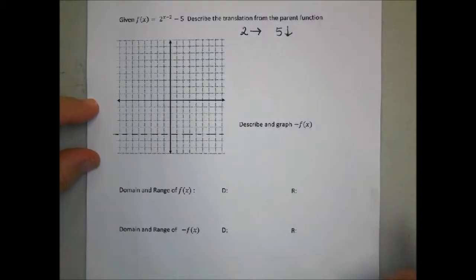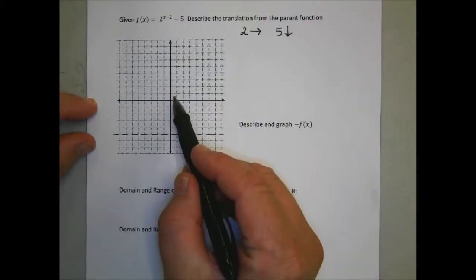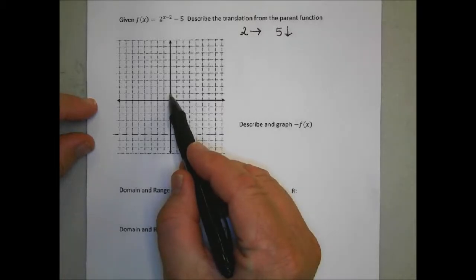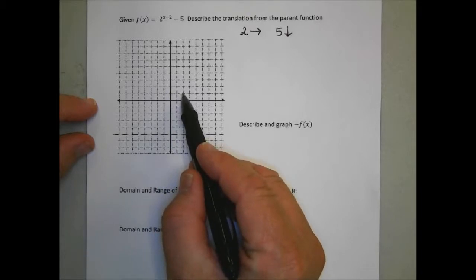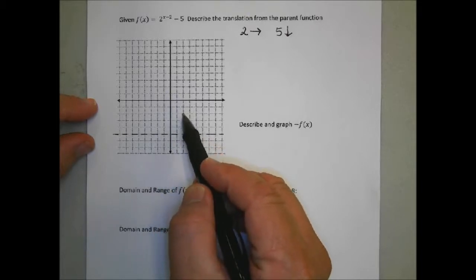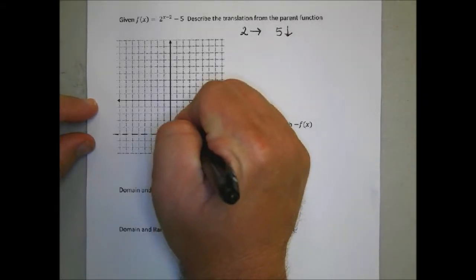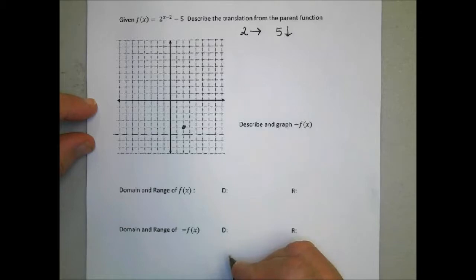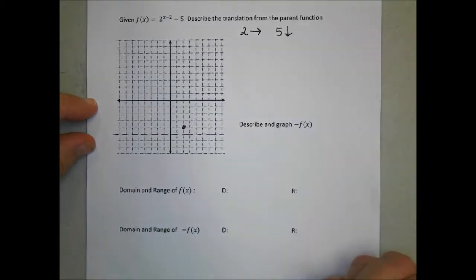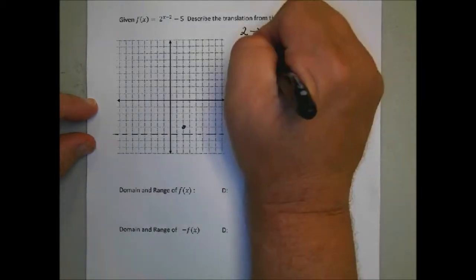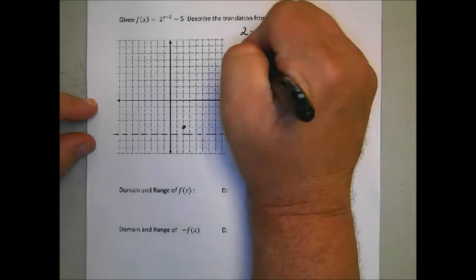Now we might as well worry about the key point. The key point on the parent function is 0, 1, but we know how it's been moved. It's been moved 2 to the right and 5 down. So here's that new key point. And if you want to figure out where a couple more points are, just make an XY table.